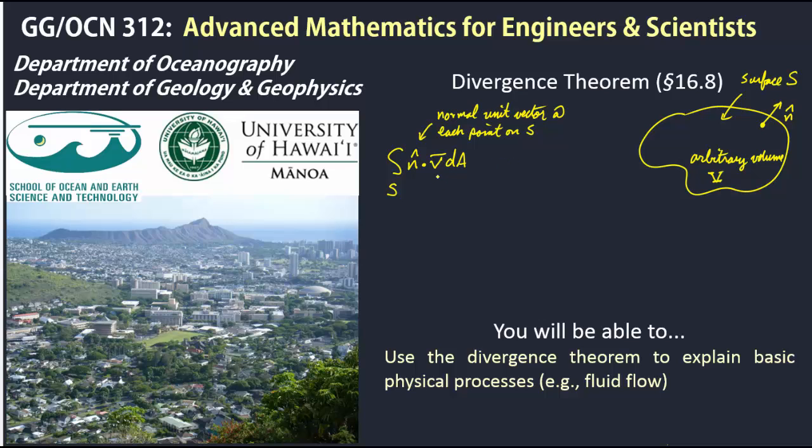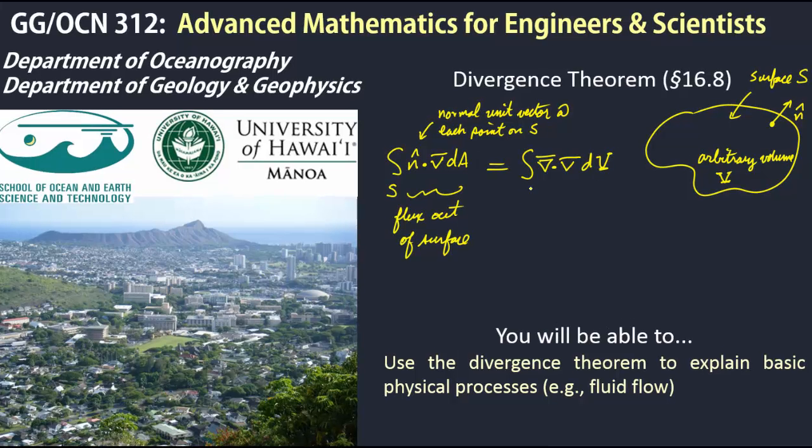And if this were a velocity, this would be a volume flux. And the divergence theorem states that this flux out of the surface is equal to the integral of the divergence of V at each point within the volume, integrated over the whole volume.